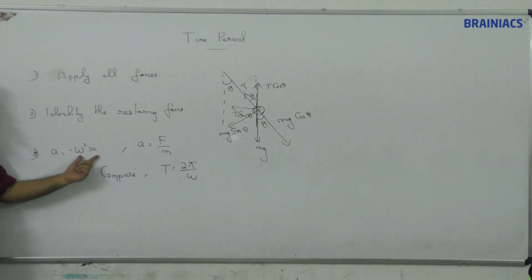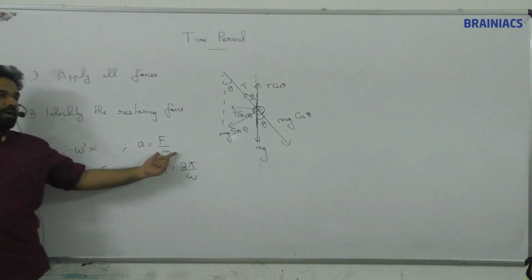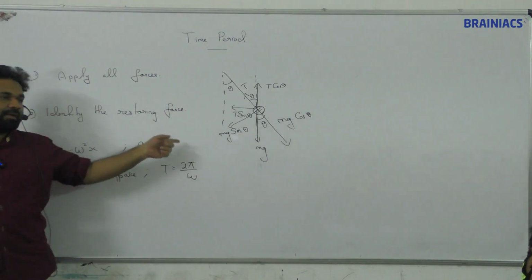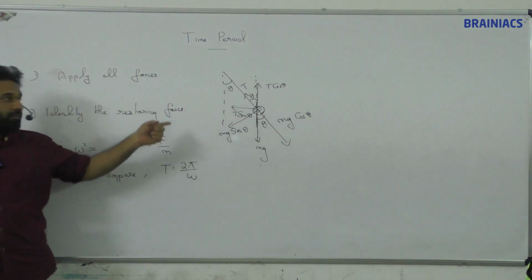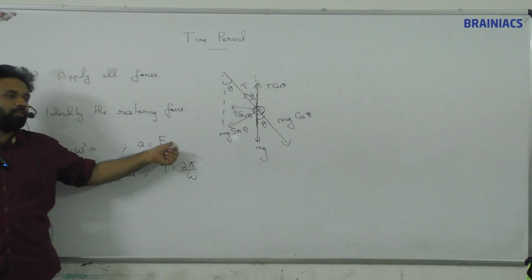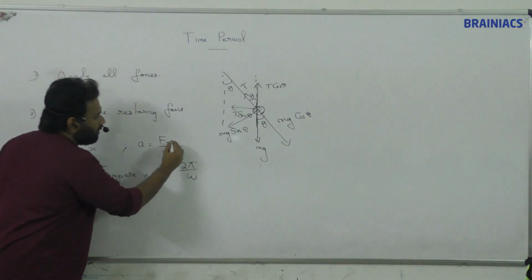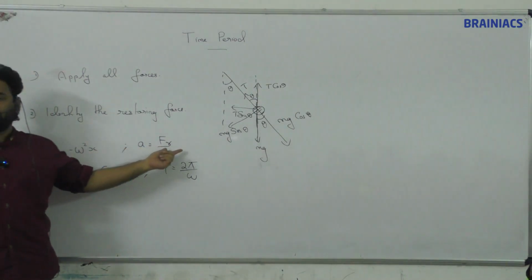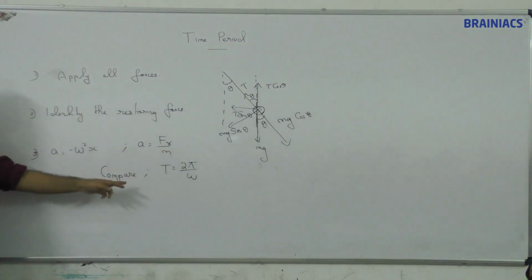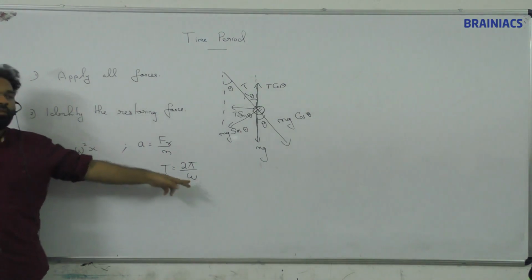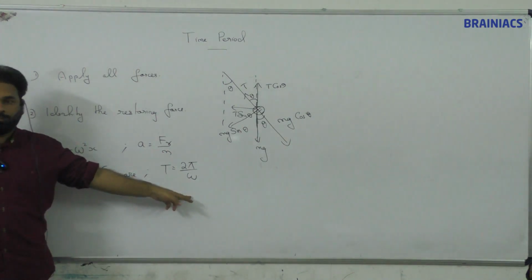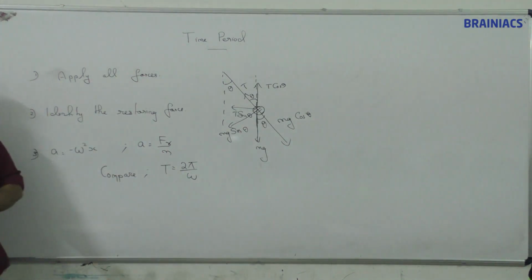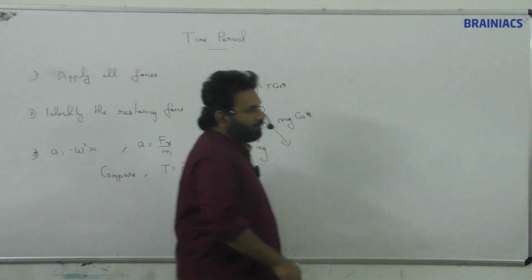After comparing, whatever restoring force we are finding, we should put here Fr divided by m. So after equating omega square x and this one, we should find T is equal to 2 pi by omega. So this is the general way to find the time period.